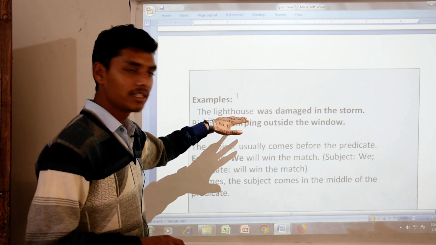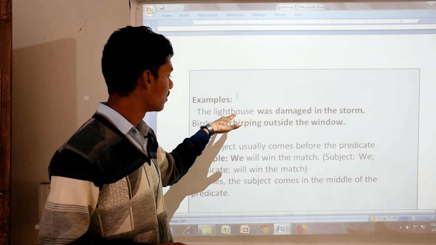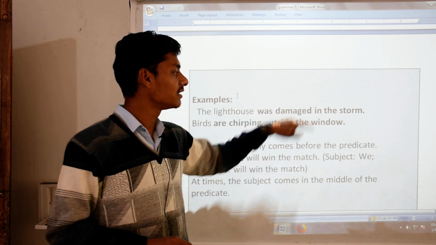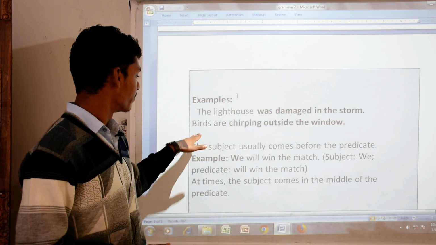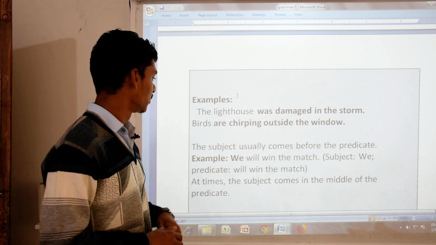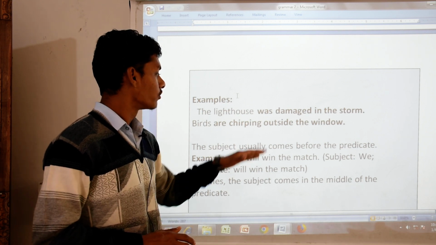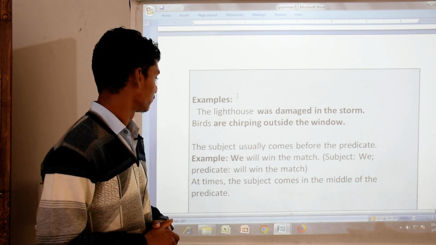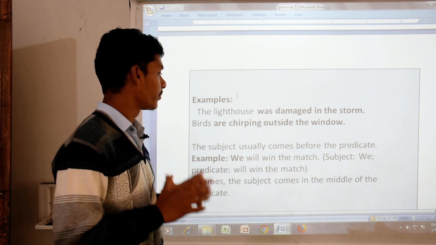The lighthouse is our subject, and "was damaged in the storm" is our predicate. Next, "Birds are creeping outside the window." Birds is our subject, and "creeping outside the window" is our predicate.